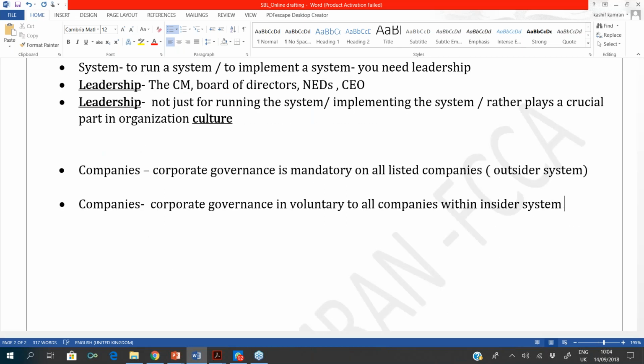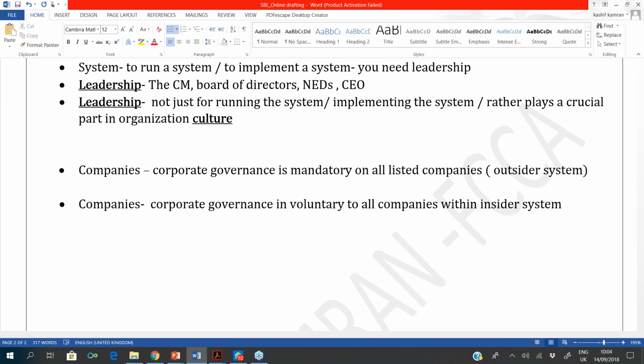Which insider systems? The one who does not trade at the stock market. The company which trades at the stock market is an outsider system. Please be very clear on the definition. The company which trades at the stock market is an outsider system, right? The company which does not trade at the stock market is an insider system.